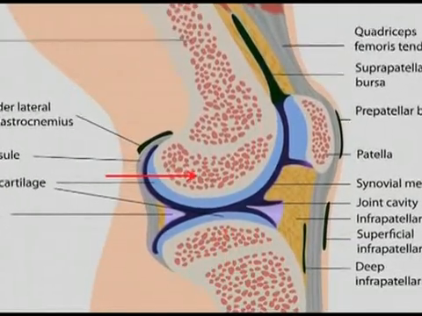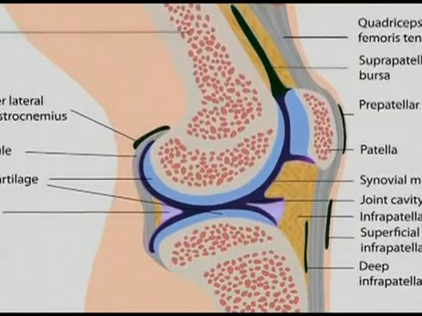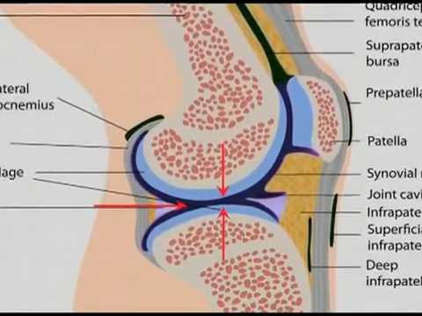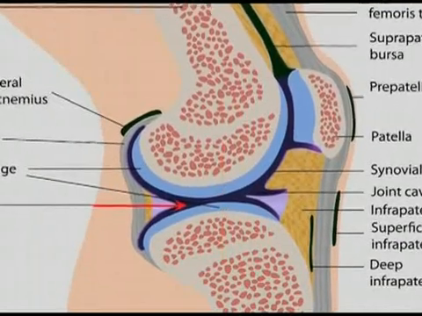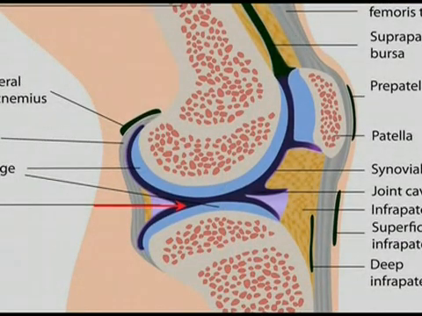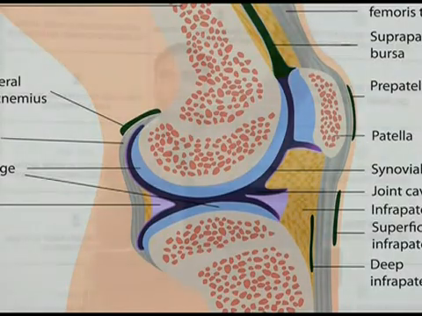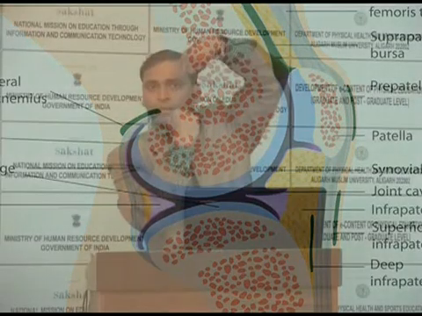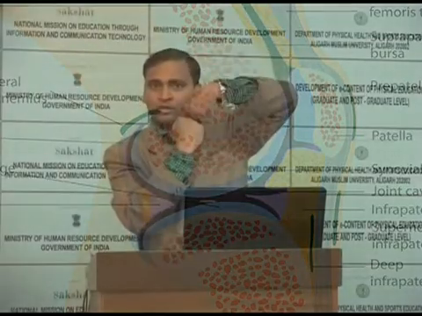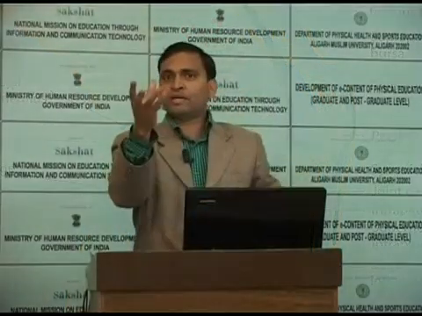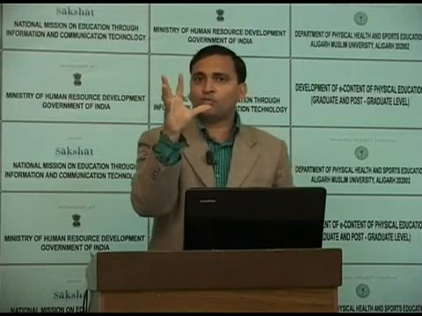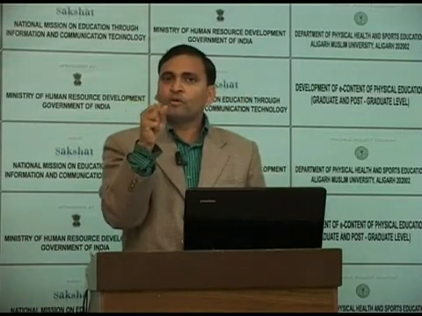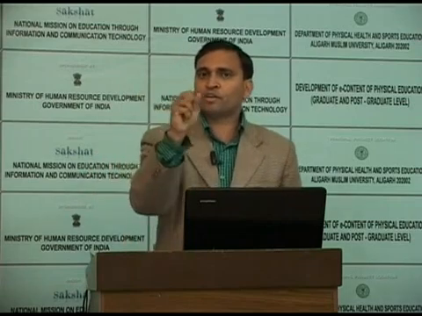Whenever you apply a load, because of the load, the synovial fluid which is available within the cartilage of the joint end will come out into the joint space. See here, one bone is here, the other bone, and the joint space. Take the example of a sponge: if a sponge is filled with water, when you press it, all the fluid present in the sponge will come out.